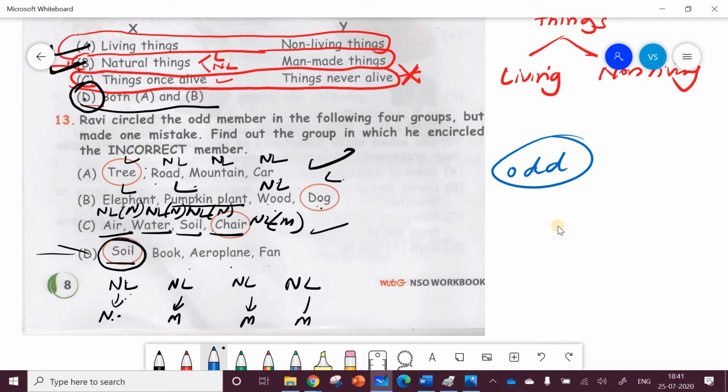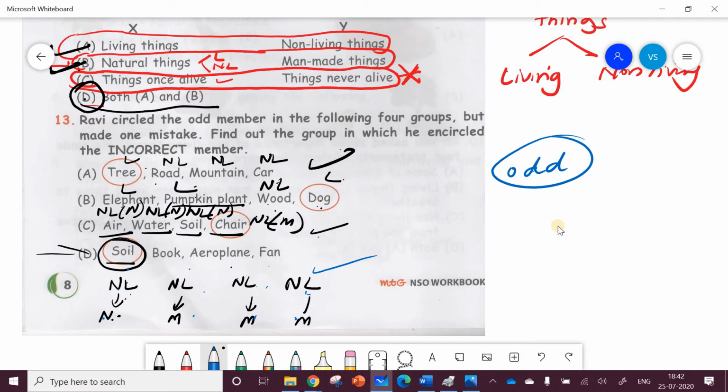Here: non-living man-made, non-living man-made, non-living man-made, non-living natural. So soil is the odd one out. Here we are correct. Here we are correct. So where is Ravi wrong? I think it's the B one. Which option do you think he should have marked and he did not mark?